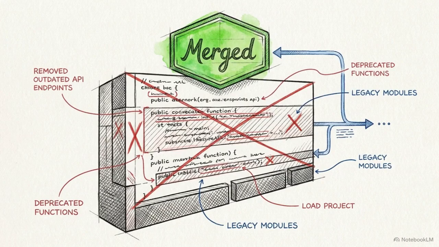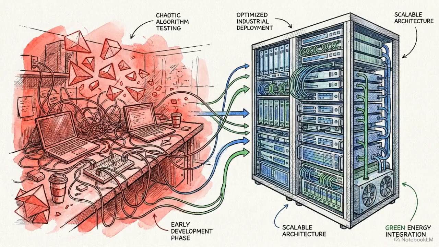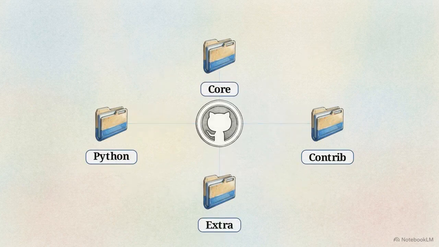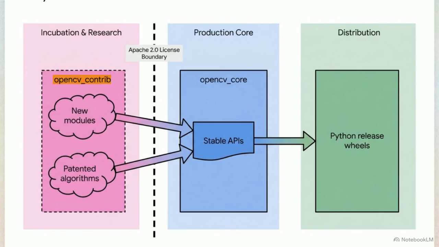the 4.x release cycle. Managing a library with over 1 million daily installations requires balancing rapid academic innovation with the demand for enterprise-grade stability. The project manages this through a federated network of specialized repositories, rather than a single monolithic codebase. The OpenCV Contrib repository acts as an incubation zone for experimental or patented algorithms.